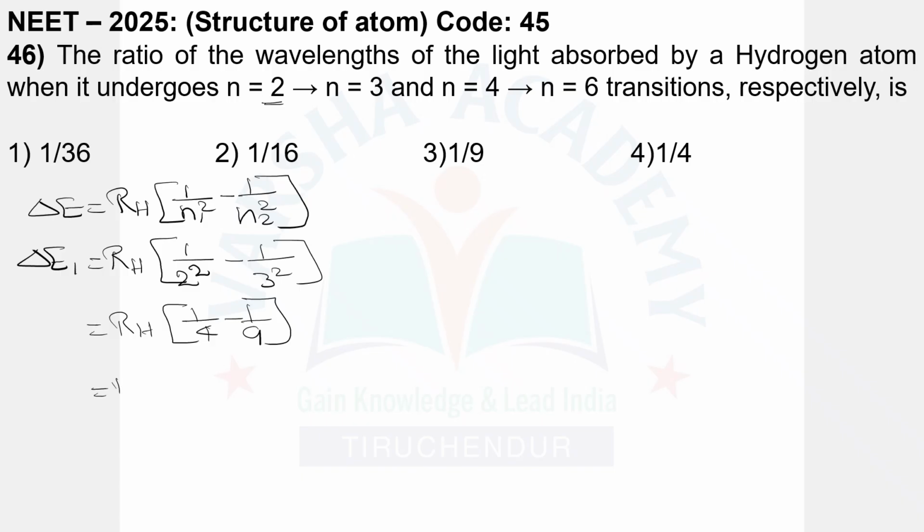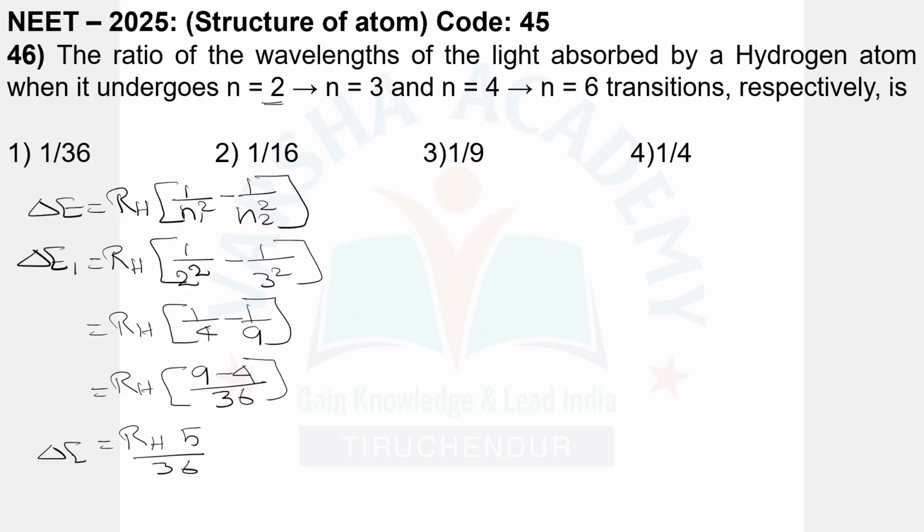Taking the LCM, that is 36, 9 minus 4 equals 5. So delta E1 is RH into 5 divided by 36. This is the energy value.